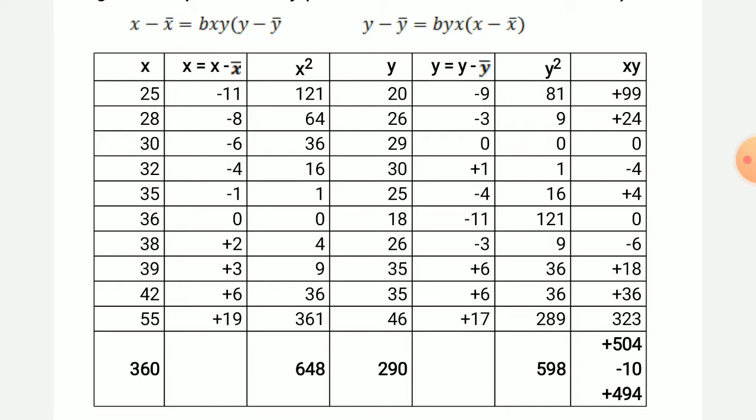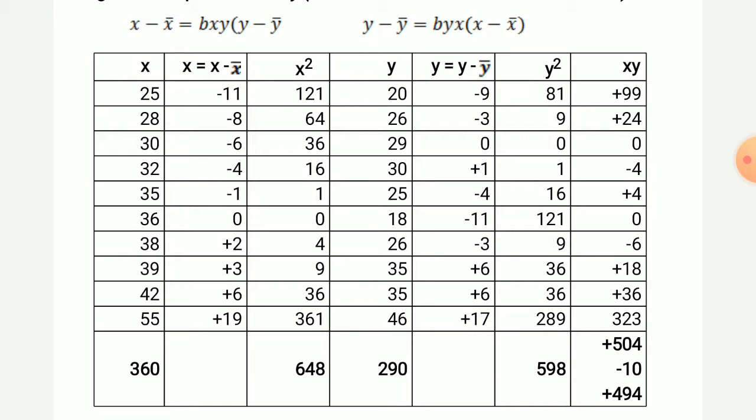So finally we have to find the product of the deviated x and y values. Here minus 11 into minus 9, minus into minus is plus, 11 into 9 is 99. Minus 8 into minus 3, minus into minus is plus, 8 threes are 24.